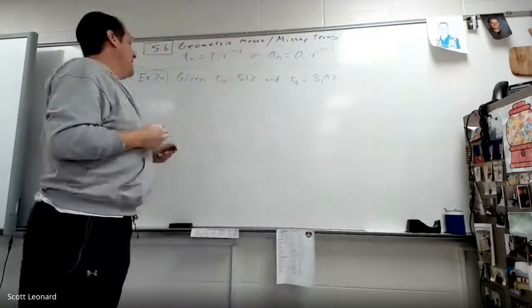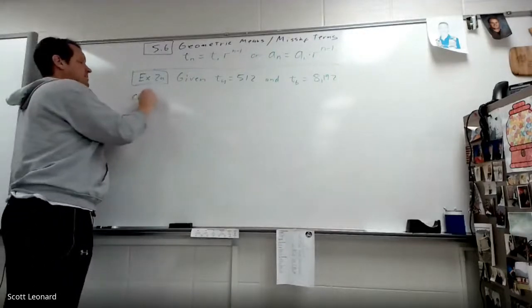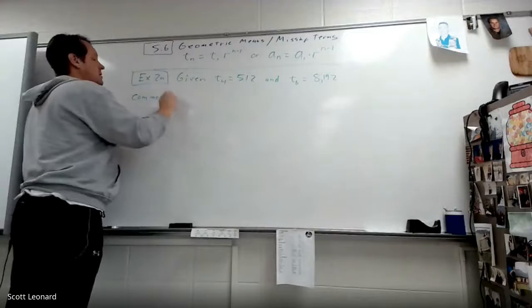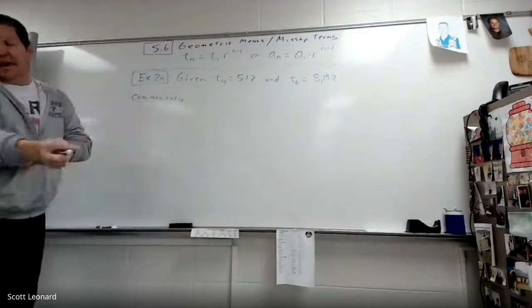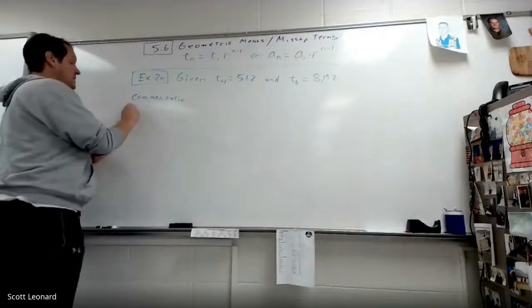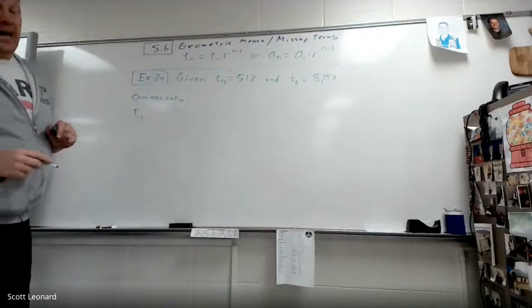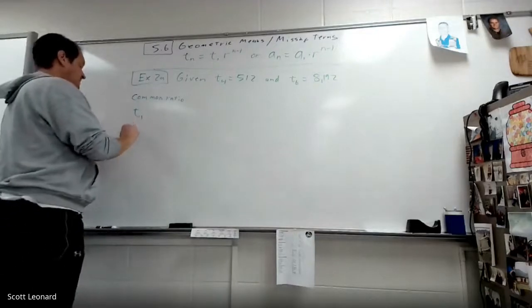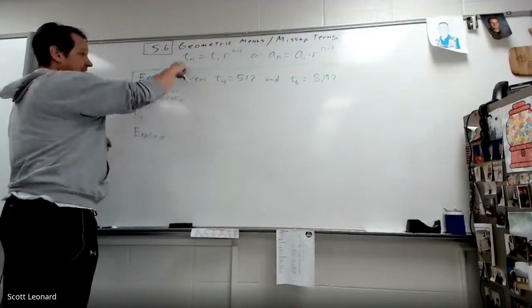Here's what you need to find. You need to find your common ratio. You need to find your first term, T1. Your explicit formula, that's this thing up here.